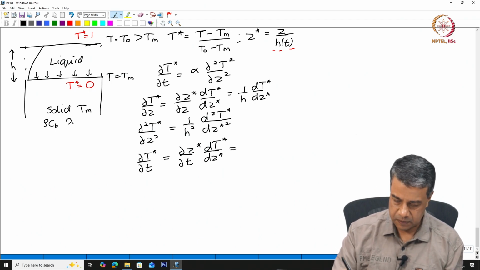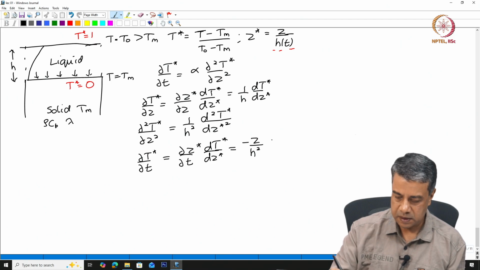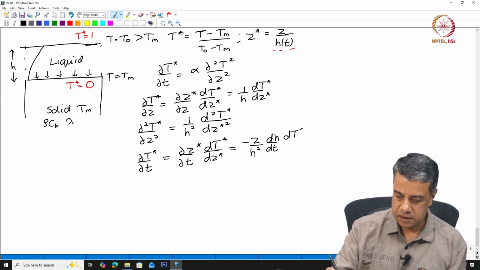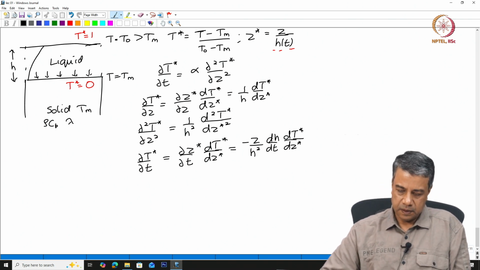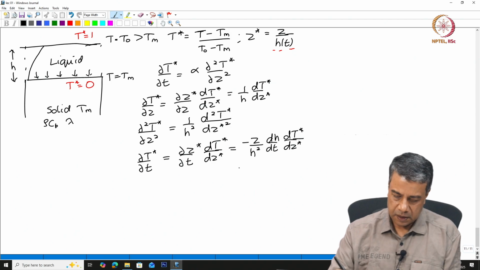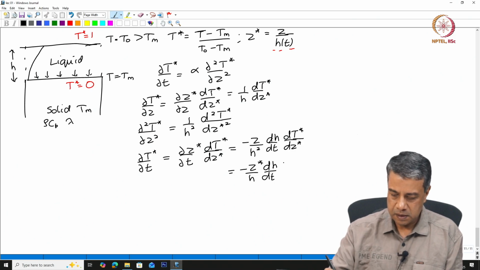Therefore, this will be equal to minus z by h squared dh by dt dT star by dz star. And I can write this as z by h is z star, so z star by h dh by dt dT star by dz star.